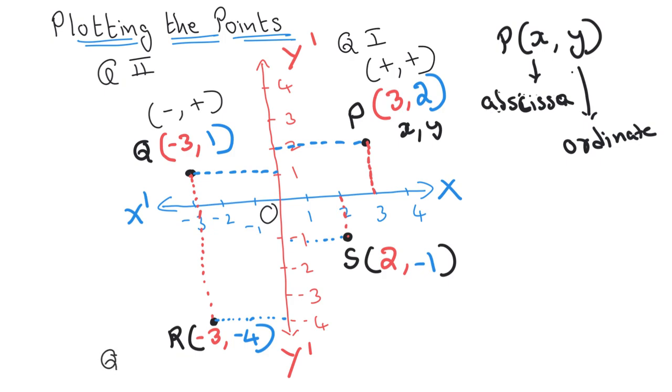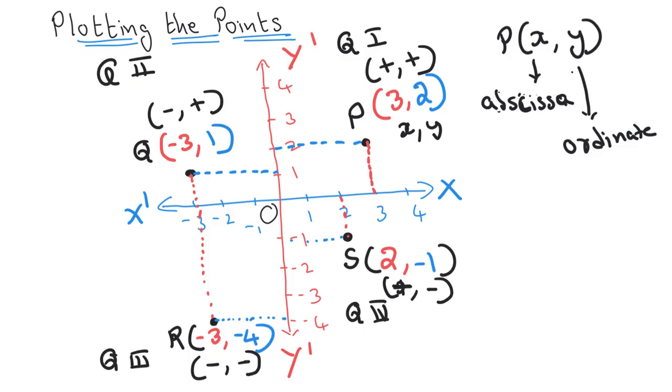Any point in quadrant 3, the x coordinate is negative and the y coordinate is also negative. Any point in quadrant 4, the x coordinate is positive and the y coordinate is negative. So just by looking at the signs of the coordinates, we can determine in which quadrant the point lies in. Got it?